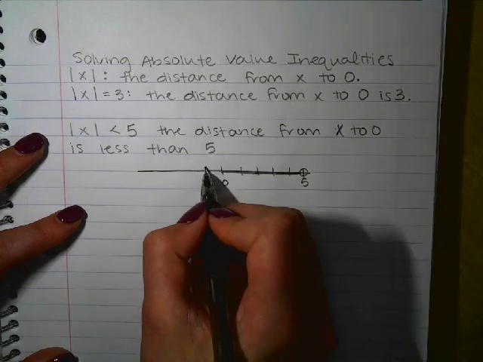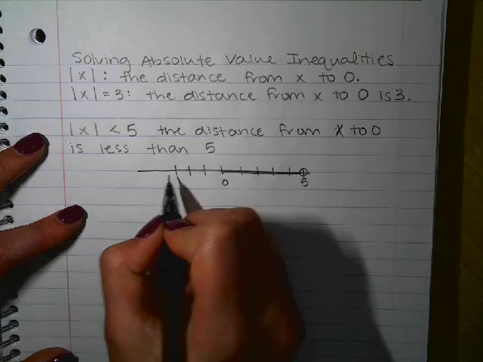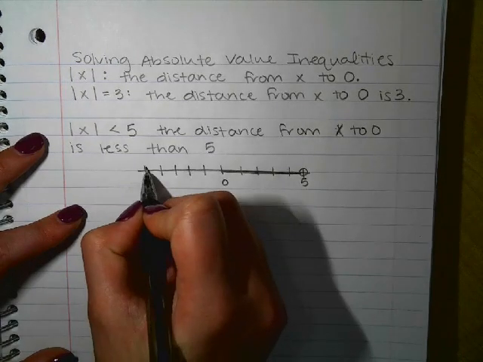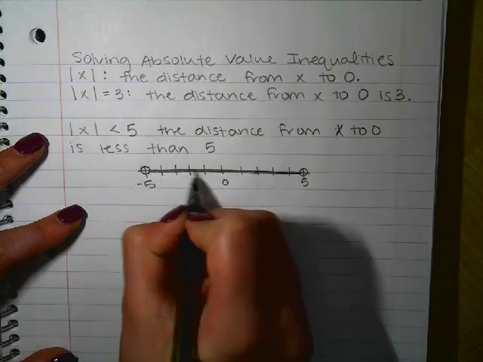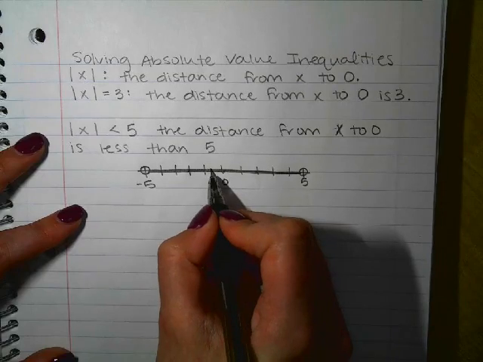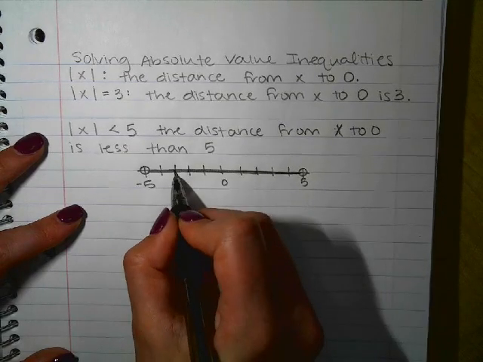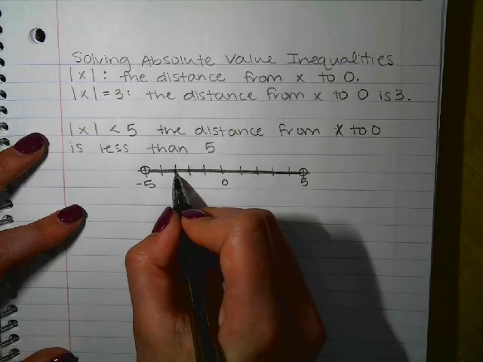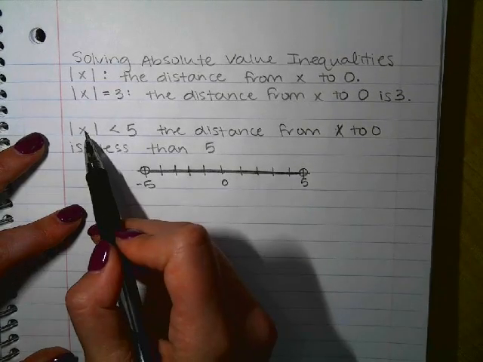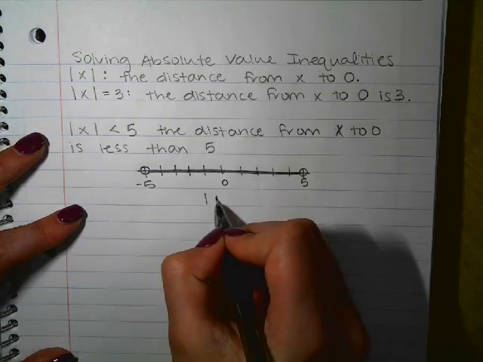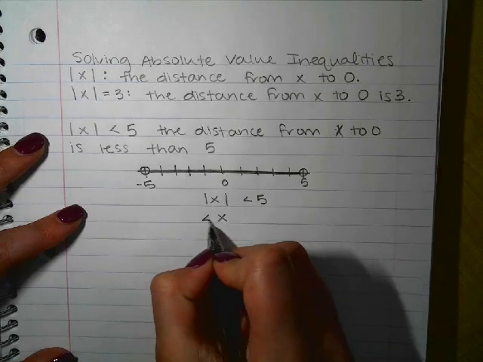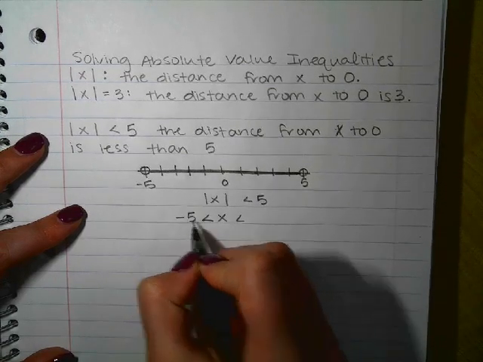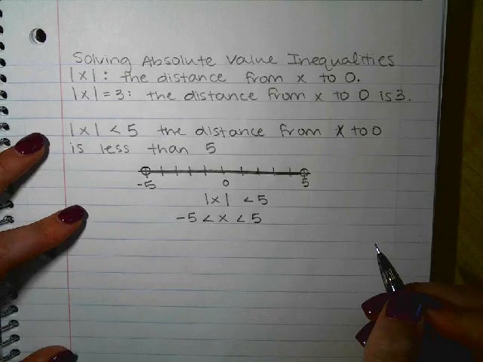But it could also be -1, -2, -3, -4, and any decimal greater than -5. All of these would work as well, because -0.7 is still within a distance that is less than 5, and -3 is a distance that is less than 5. So if I say the absolute value of x is less than 5, then the value for x is in between -5 and 5.